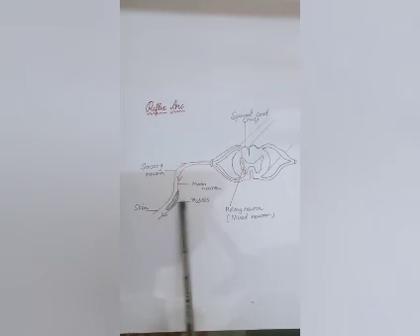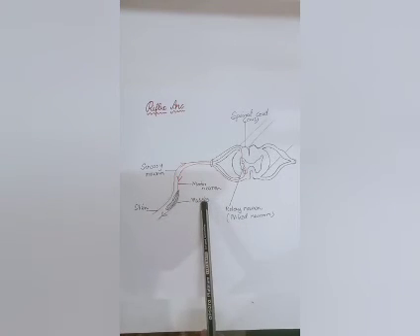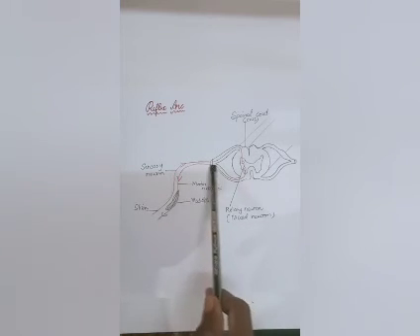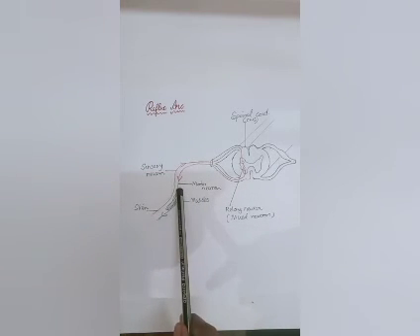Effectors are the muscles which are attached to the bones. Now, this motor neuron brings the message from the spinal cord. Then, there are effectors. Effectors are our hands. What we do while touching the hot object, we withdraw our hand. Effectors, hand, shows the sudden response.